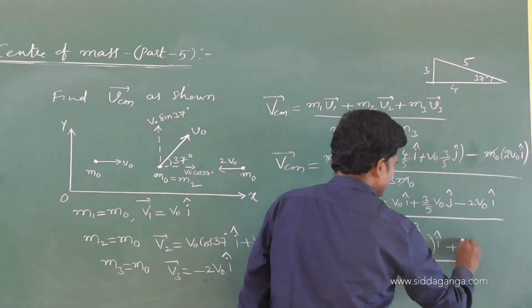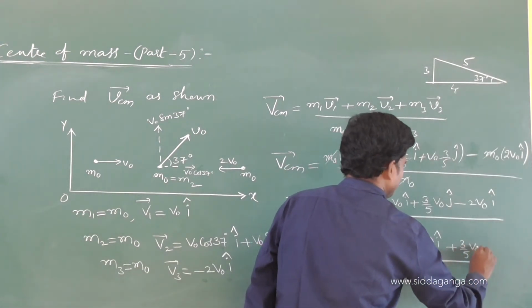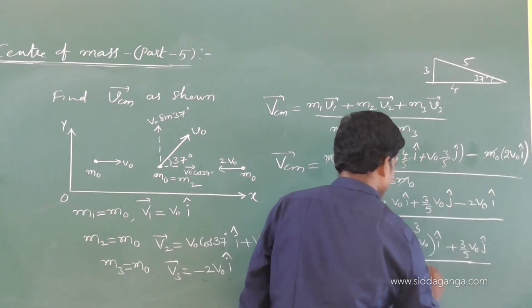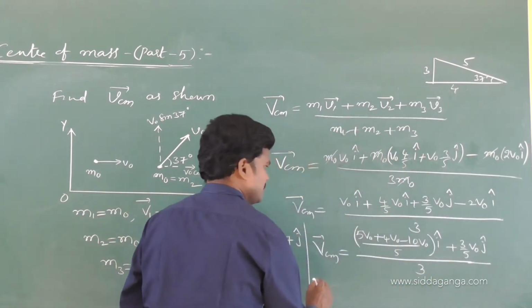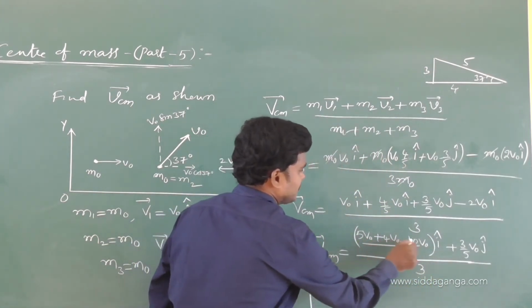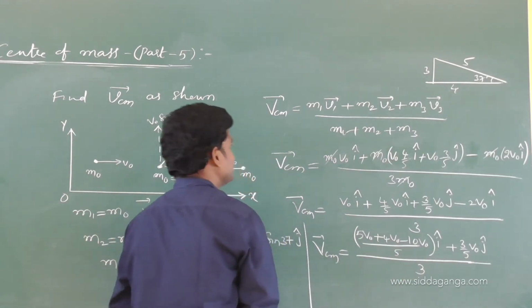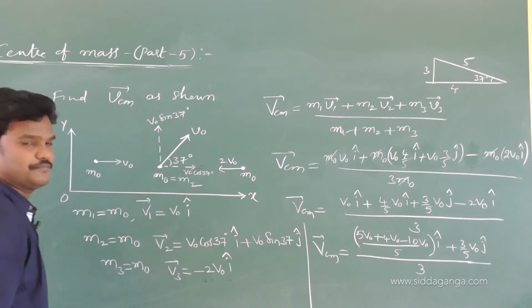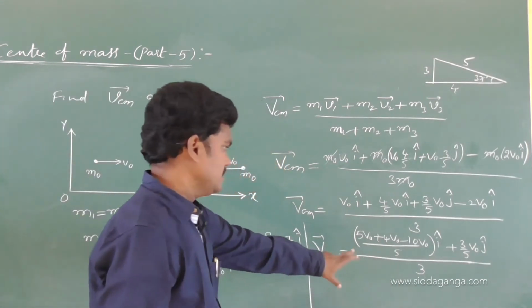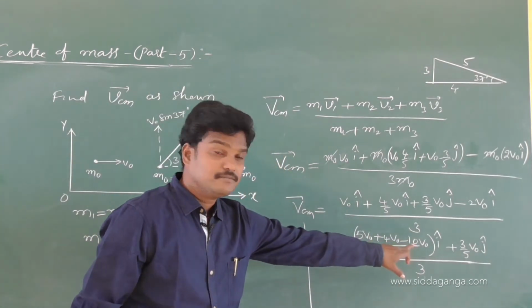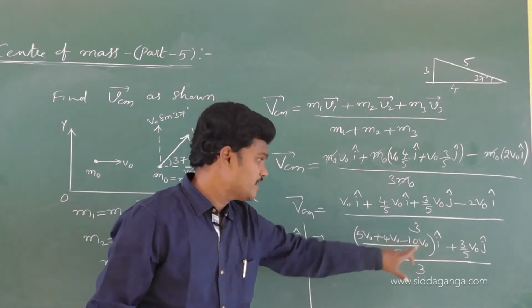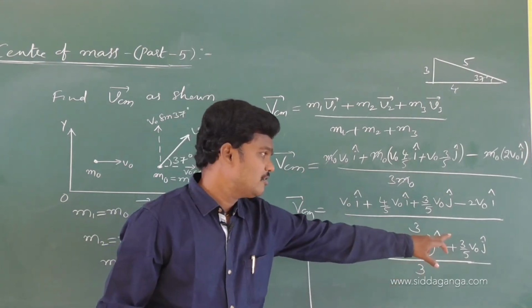And 3 by 5 V naught j cap by 3. Okay, this is 9 minus 10, so minus V naught by 5 i cap plus 3 V naught j cap by 5.